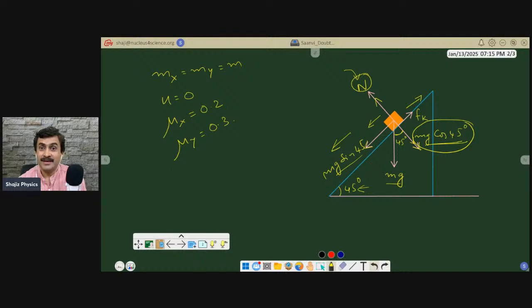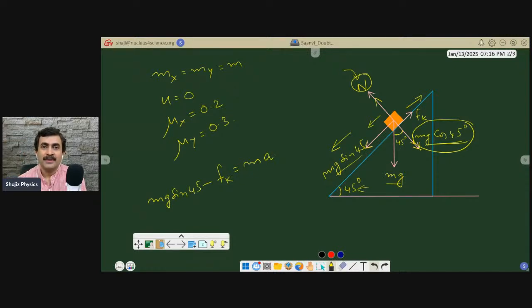So we can write the equation like this: mg sine 45 minus Fk is equal to Ma. That is the equation of motion we can write for the box along the slope surface.